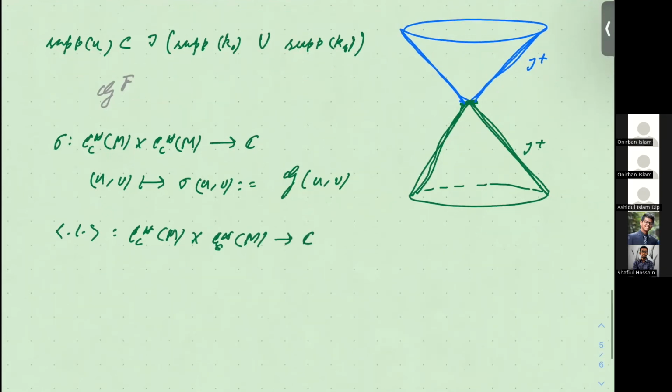This is defined for U, V, just functions, as the integral of U V d-volume g of X. So it's just a pointwise product of functions integrated over the manifold.